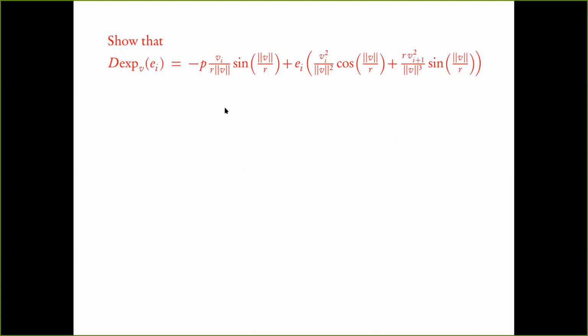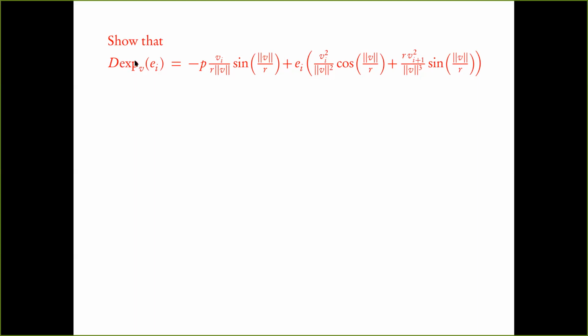It's a simple matter of bookkeeping. Because I've given you the formula, it's even easier for you to verify this. So if I take the exponential map, take the linearization of the exponential map at V, where V, remember, is an element of T_P S^2 and P is the north pole, the exponential map is defined on all of the tangent space, because the great circles are defined for all times.